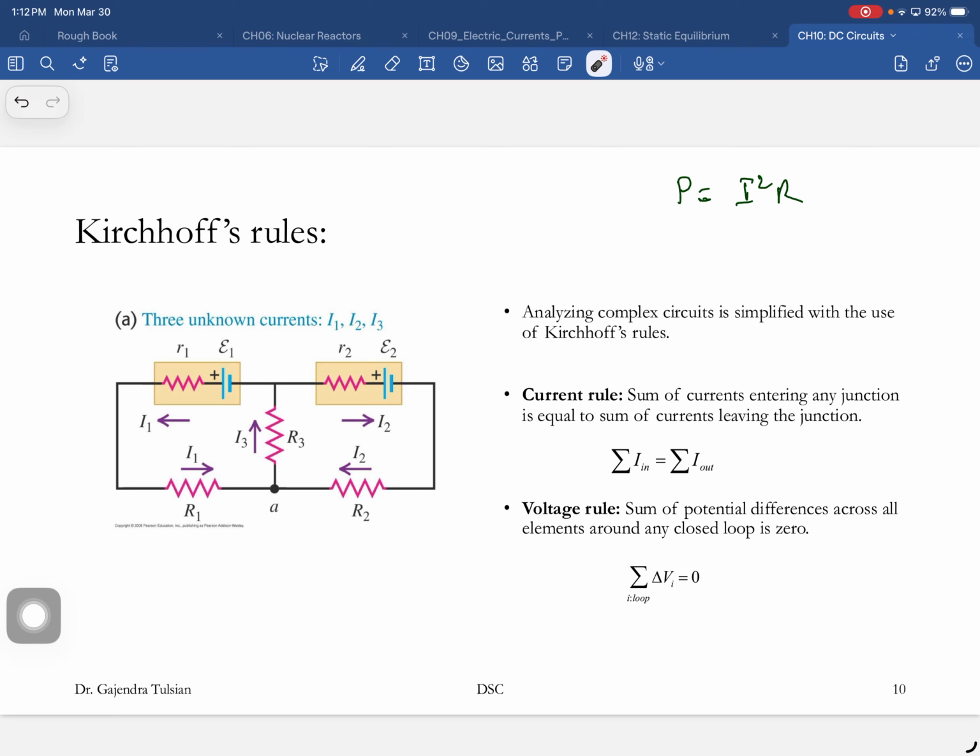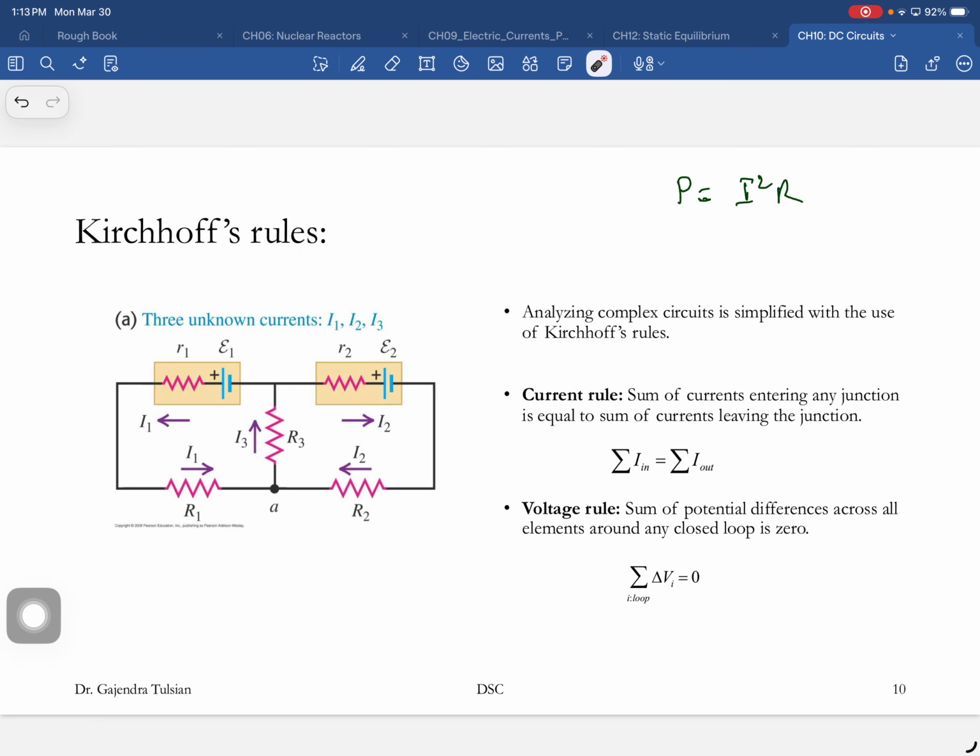For this circuit, how many unknowns are there? Three: I1, I2, and I3. How many equations do you need to solve three unknowns? Three. So this current rule gave you one equation. You need two more equations.